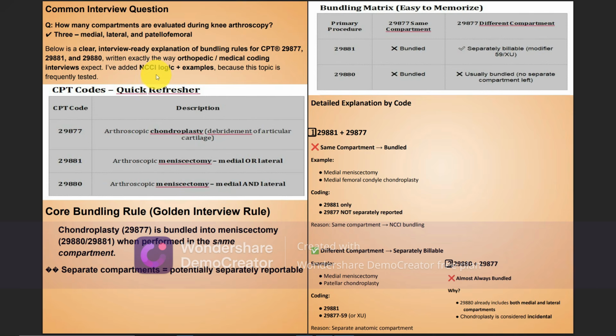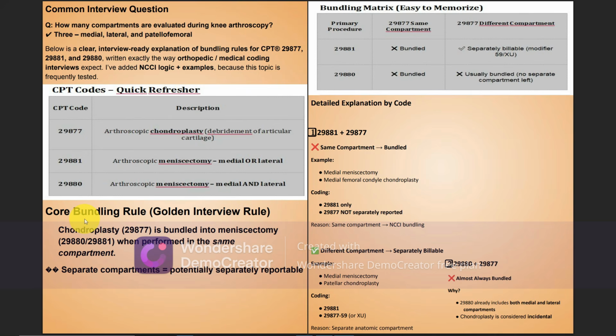I have added NCCI logic examples because this topic is frequently tested. CPT code 29877: arthroscopic chondroplasty, debridement of articular cartilage. 29881: arthroscopic meniscectomy, medial or lateral. 29880: arthroscopic meniscectomy, medial and lateral, right?